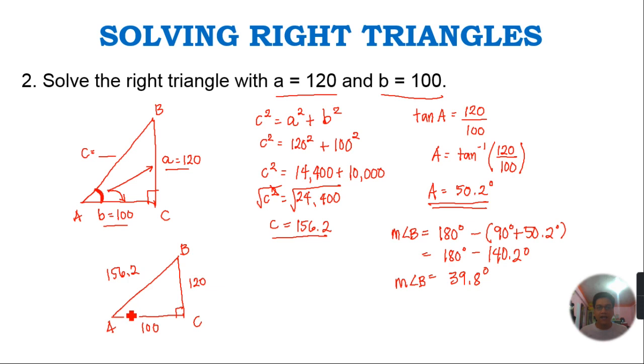Now our angle A is 50.2 degrees. And our angle B is 39.8 degrees. So that's it. This is how we solve right triangles. So again, when we solve right triangles, we need to solve all of the sides. Find the measures of all of the sides and find the measures of all of the angles.